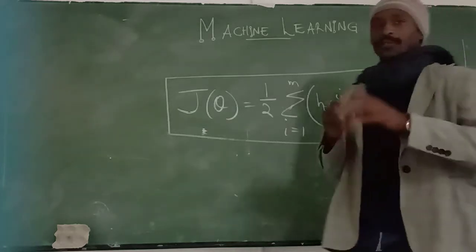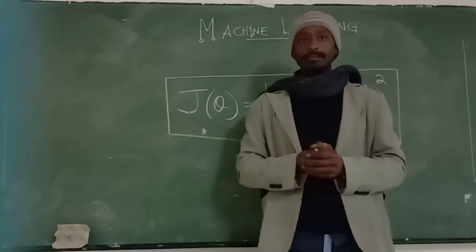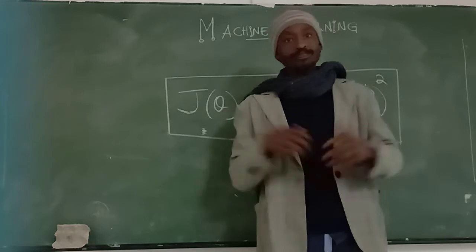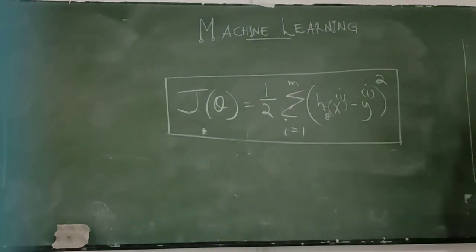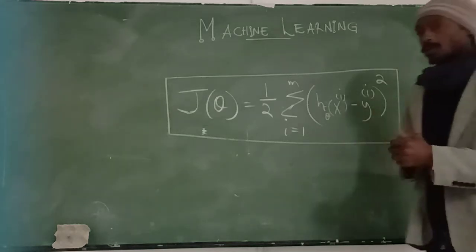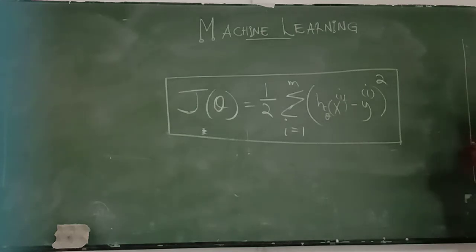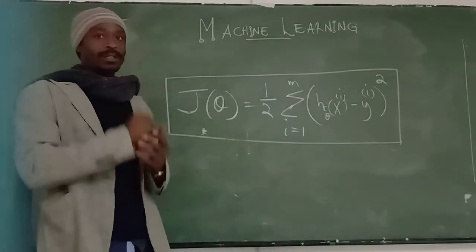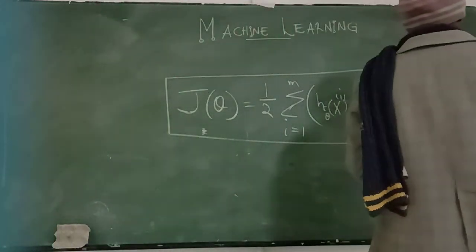Let us focus on a different algorithm to minimize J of theta, called gradient descent. Basically, we will take a look at the search algorithm that does that. Let's look at gradient descent as the first algorithm to minimize J of theta.